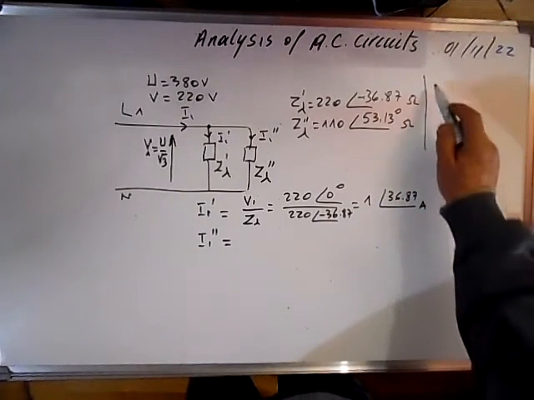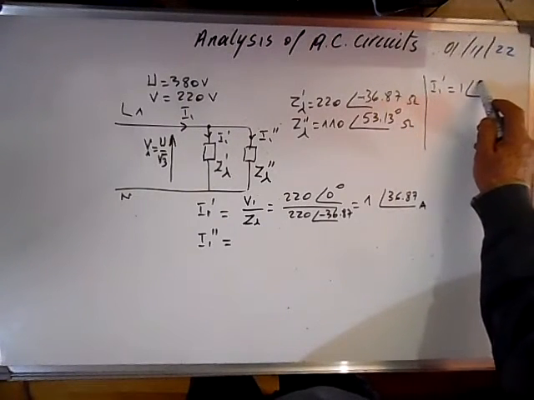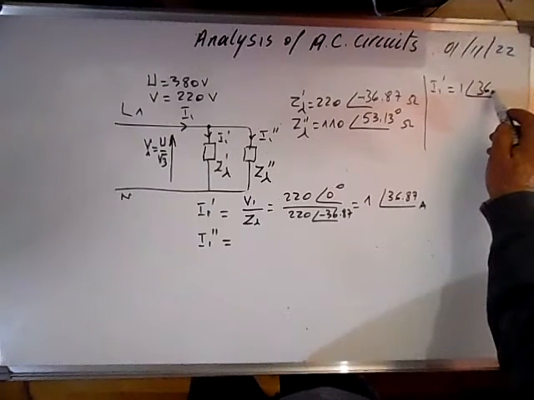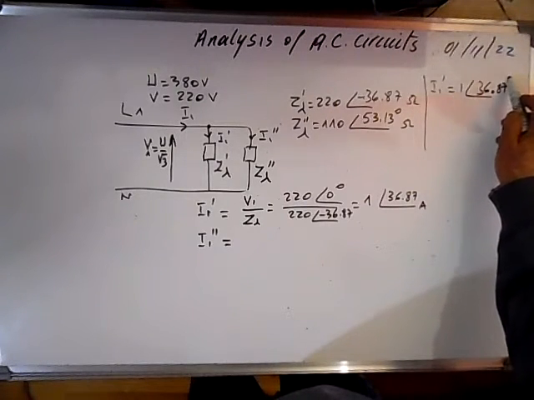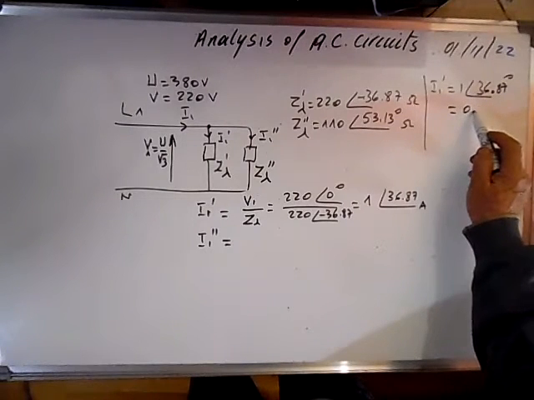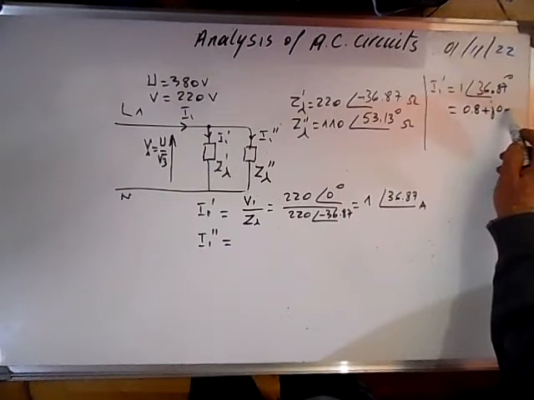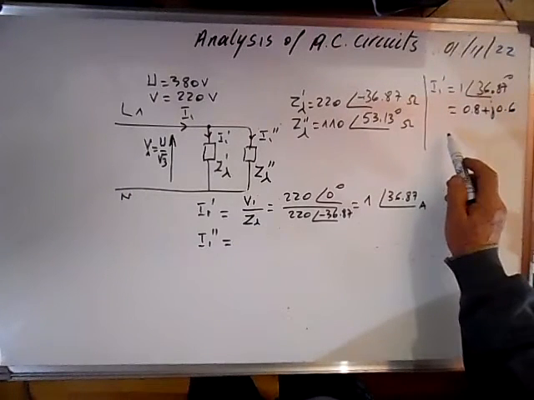Write it here. This is 0.8 plus j0.6 in algebraic form.